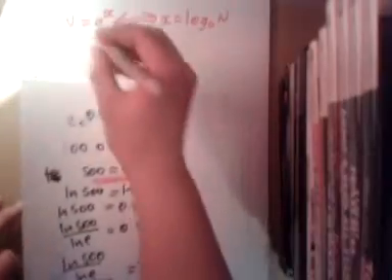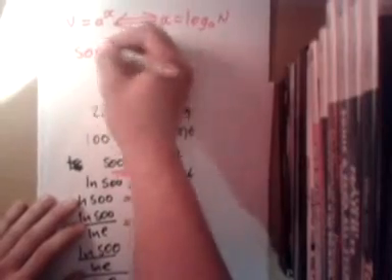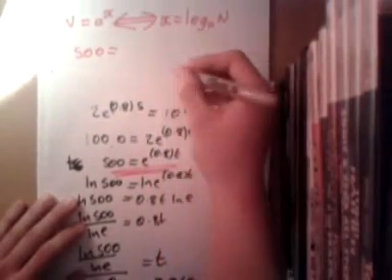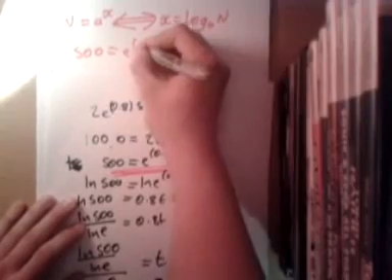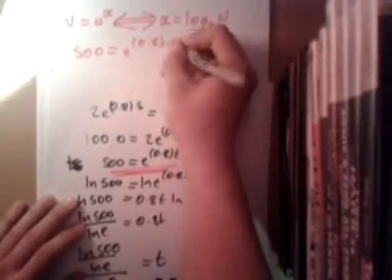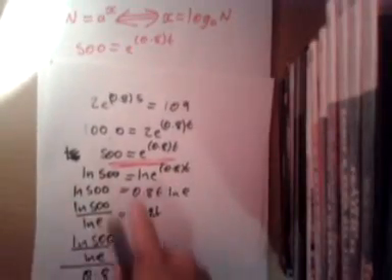It's the same, it's reversible. Right, and we're just going to write down 500 is equal to e 0.8 t. So you do exactly the same up to that step, and then this is the other method.